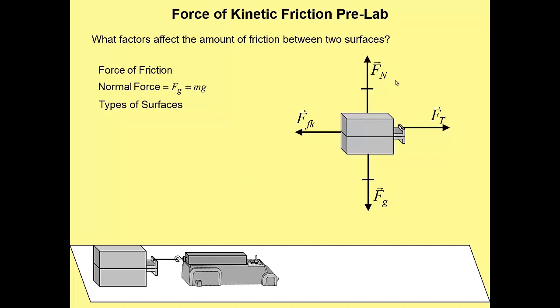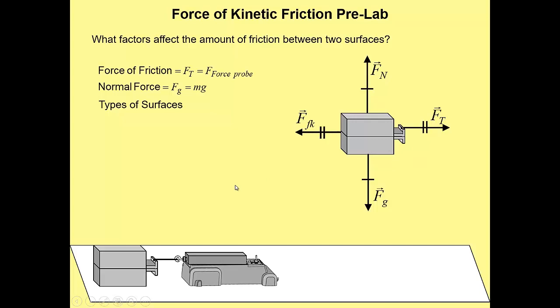So kinetic, static. Kinetic means motion, remember. And again, because it's not accelerating when it moves, these forces have to be equal. So if I want to know how big the force of kinetic friction is, I just need to know how big this tension or applied force is, which I'll know because it's attached to a force probe. And the force probe will tell us what this force is.